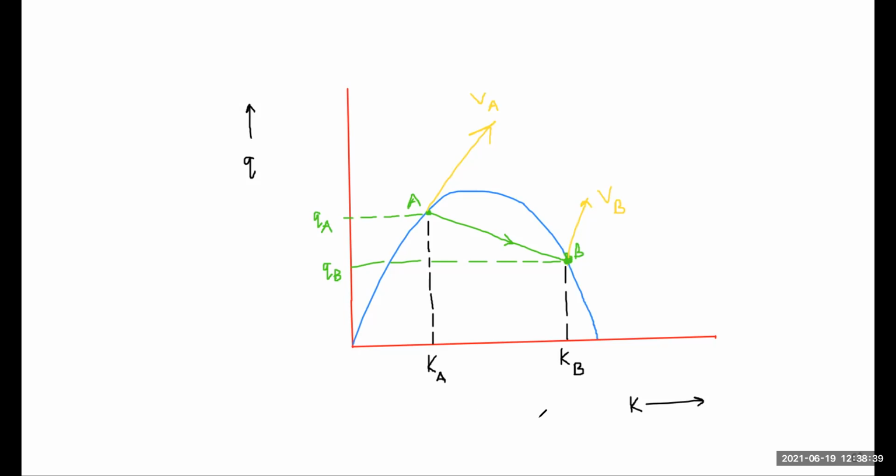We see here the speed of vehicle at state A is given by the line OA. This is your OA line.